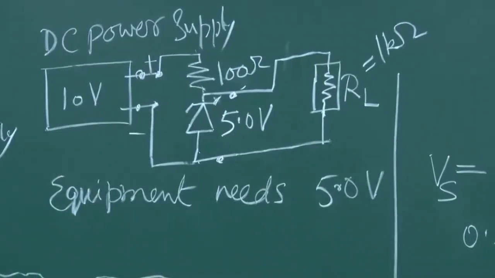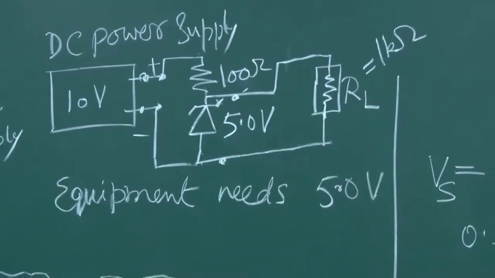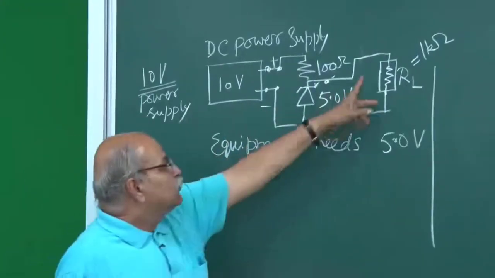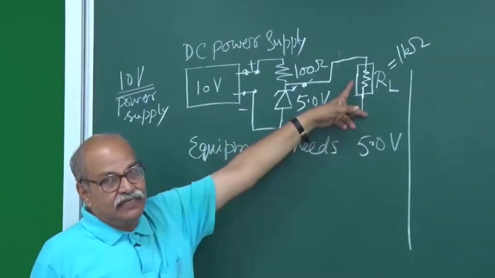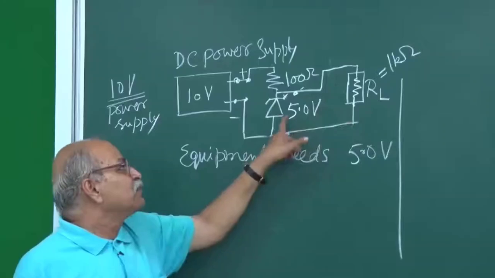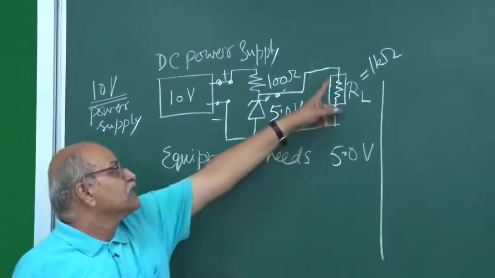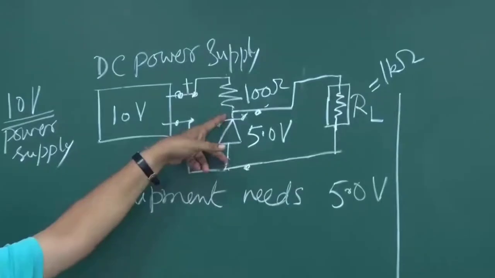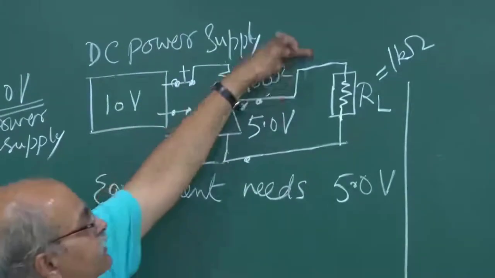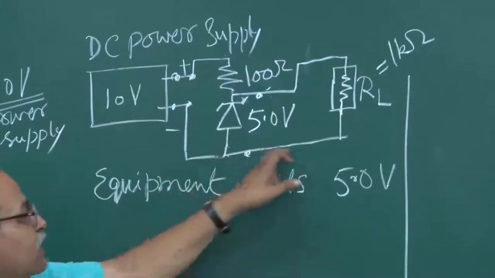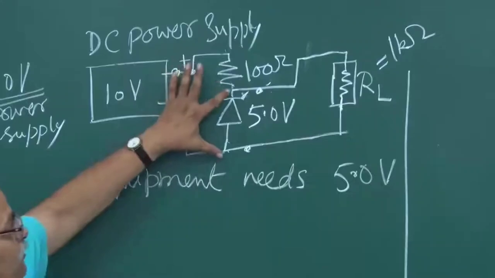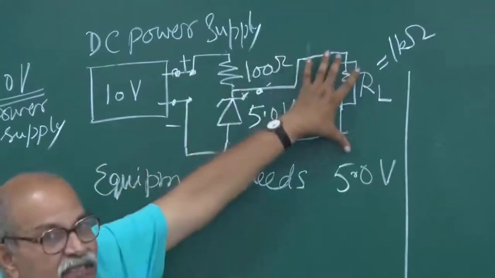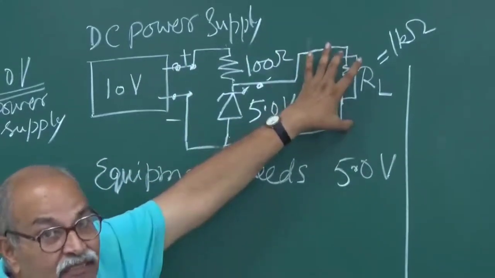Right? Now see what happens. Analyze this circuit. The voltage on this RL is 5.0 volts because it is directly connected to this Zener. So this point is directly connected here, and this point directly connected here. So this 5.0 volt must appear here. So it will be there.